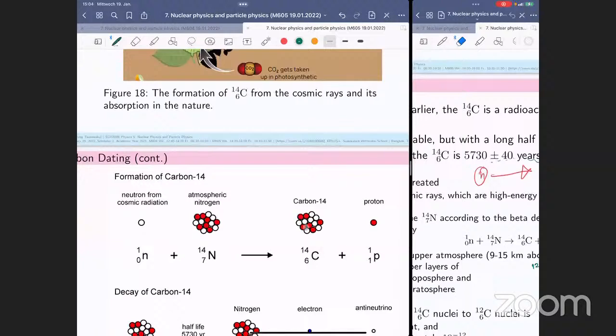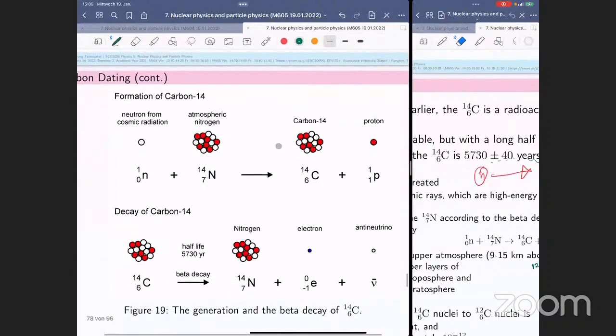We have only 6 protons right here because the neutron hit a proton and the proton is going out. The proton is getting out of the nucleus, and we have only 6 protons. Now the atmospheric nitrogen is no longer valid. It becomes carbon 14. That's the generation of carbon 14.